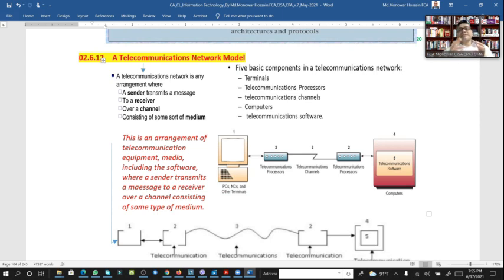There are 5 basic components of a telecommunication network: terminals, telecommunication processors, telecommunication channels, computers, and telecommunication software.